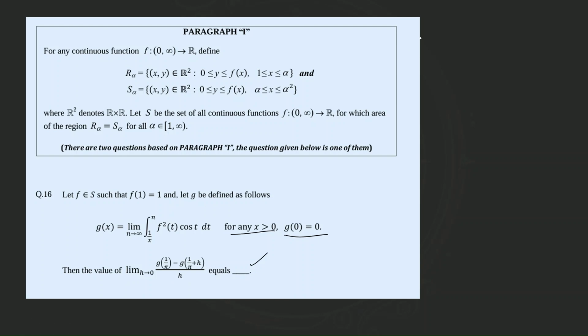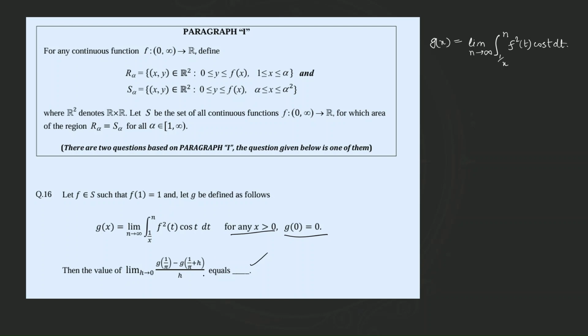So we can write this g of x as the limit n tending to infinity of the integral from 1 by x to n of f square t cos t dt. We can actually find this limit by using the concept of differentiation, because this is nothing but the definition of the derivative at x equal to 1 by pi.